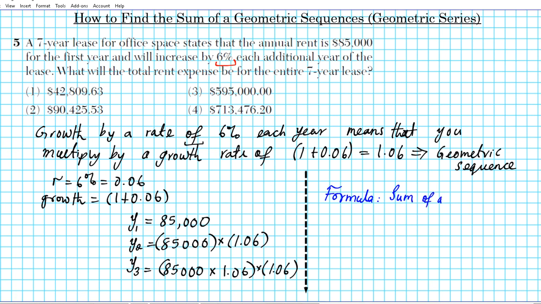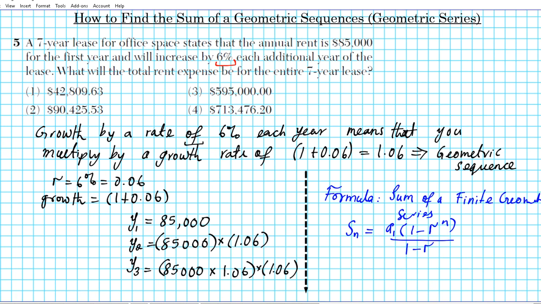The sum of n terms of a geometric sequence is a1 times 1 minus the common ratio raised to the nth power, divided by 1 minus the common ratio.